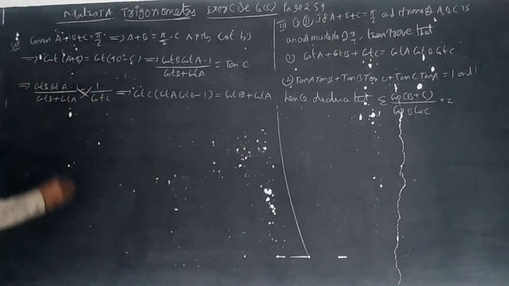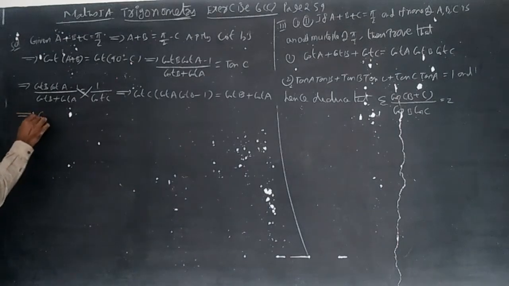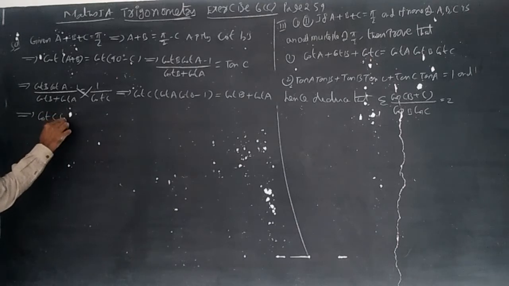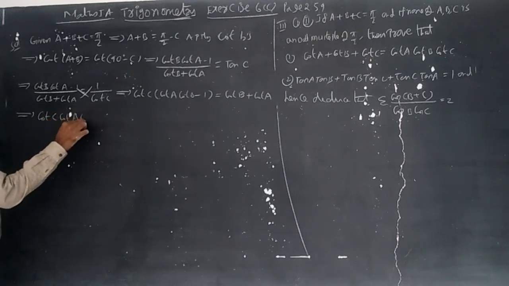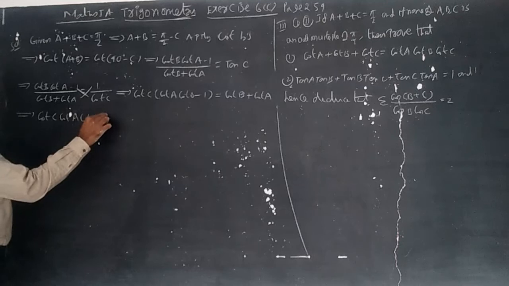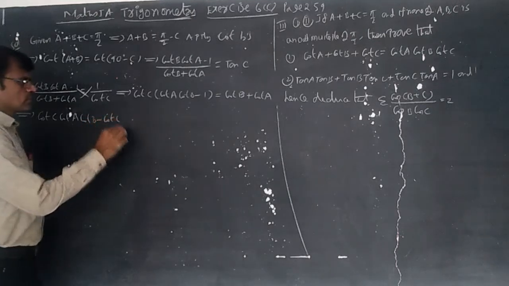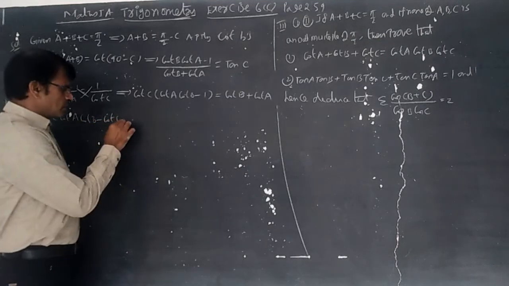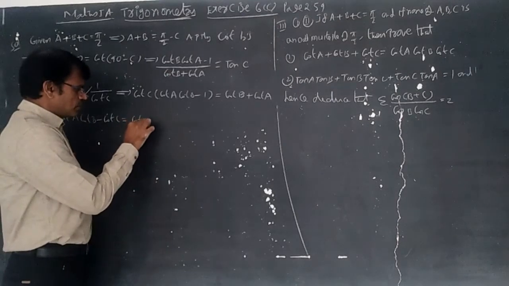That implies, multiplying, cot c cot a cot b minus cot c is equal to cot b plus cot a.